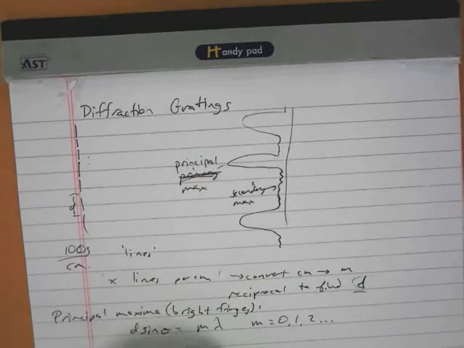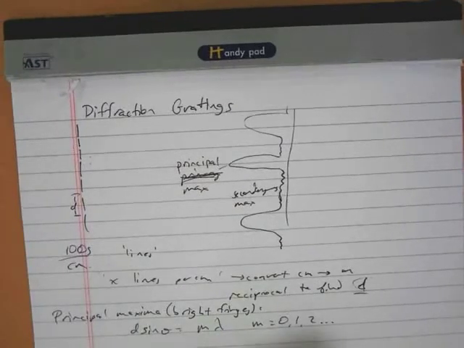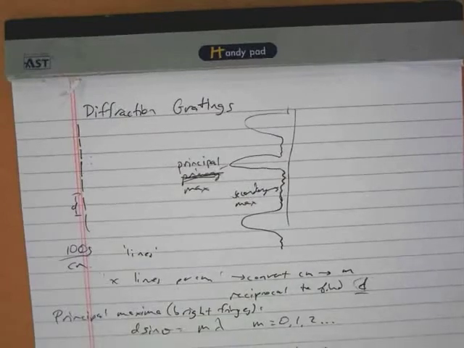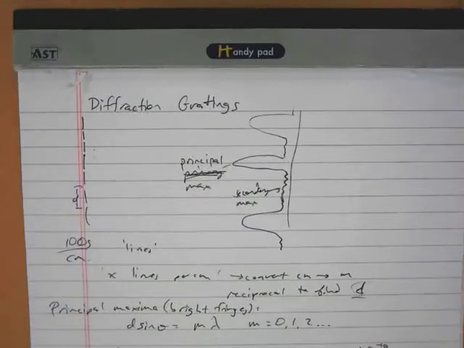Using X-rays is of particular importance in analyzing crystal structures, because in natural crystals, the atoms are usually on the order of 10 to the minus 10th meters wide.